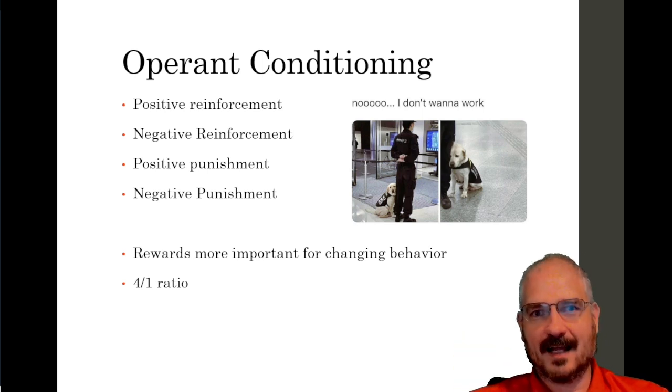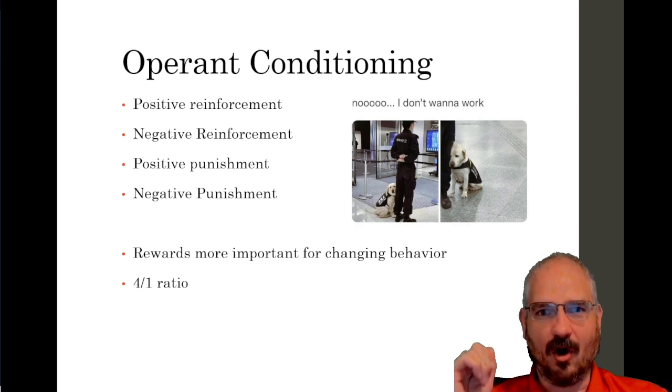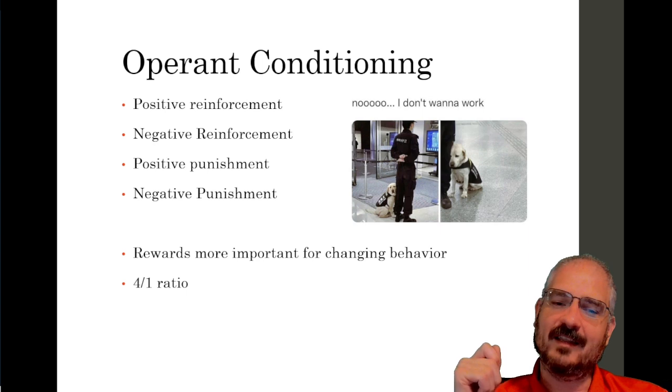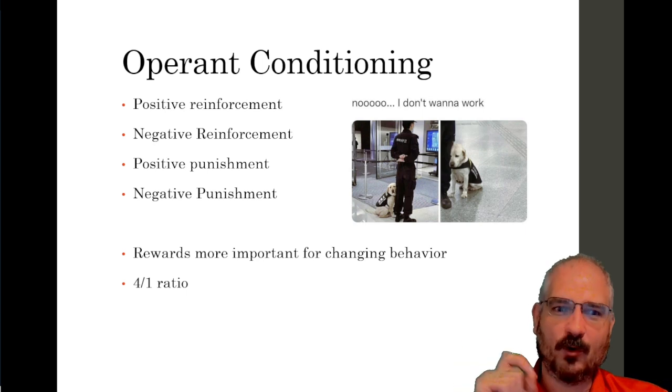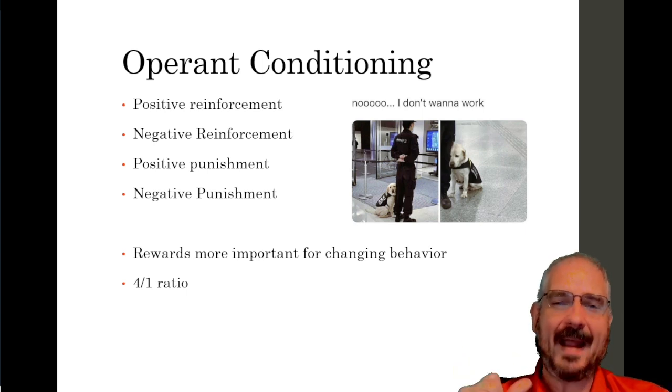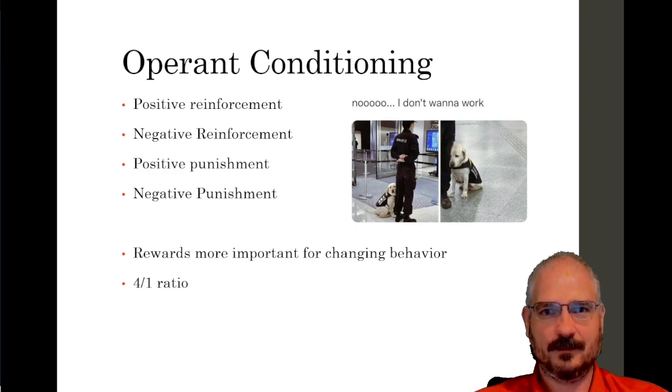Now, there's been lots and lots of research about operant conditioning. And what all of that research shows is that if you want to change the behavior of a person or a dog or anything else that you can kind of teach and train, the reinforcements are much more powerful when it comes to changing behavior than the punishments.